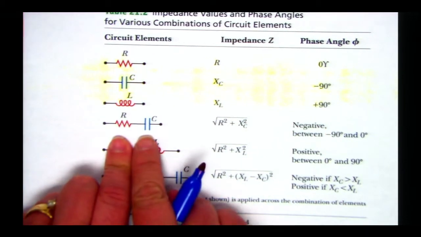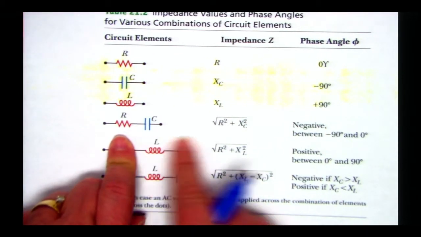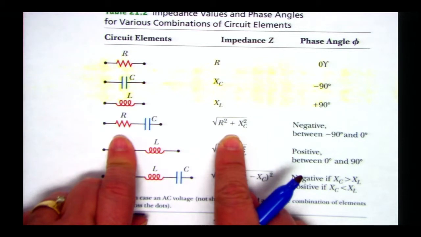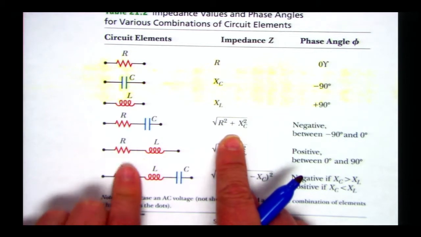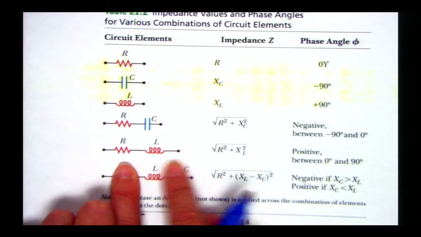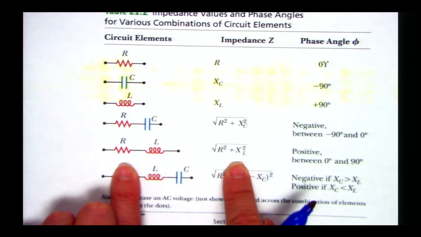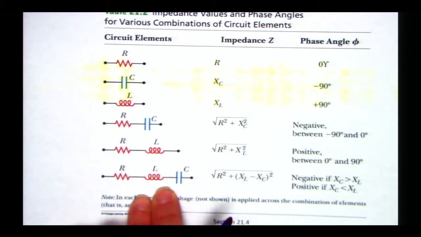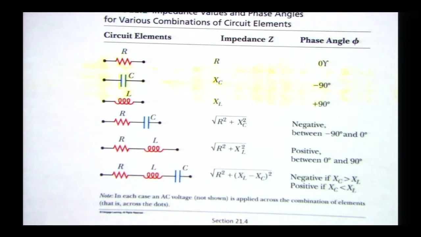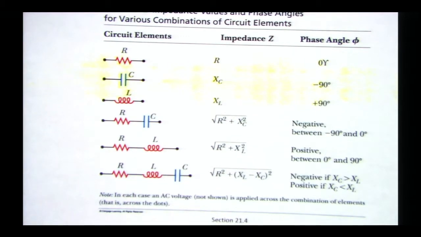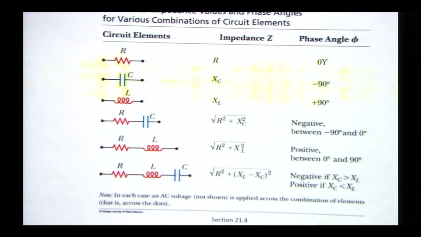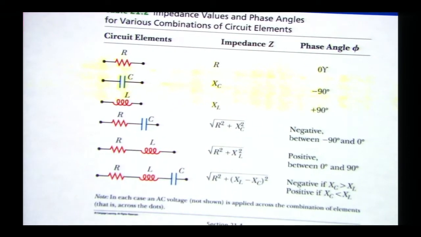But if I have just a resistor and a capacitor, I'm going to have a situation that looks like this. If I have a resistor and an inductor, I'm going to have something that looks like this. And then I'm going to have all three, and I can do the combinations. So that kind of gives you a summary of where we're at.